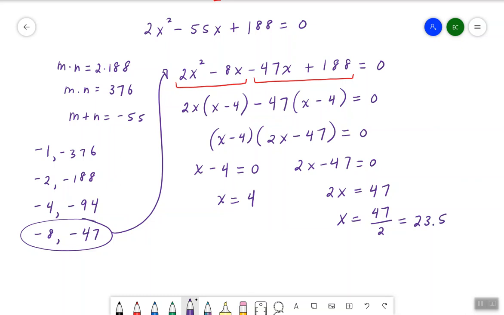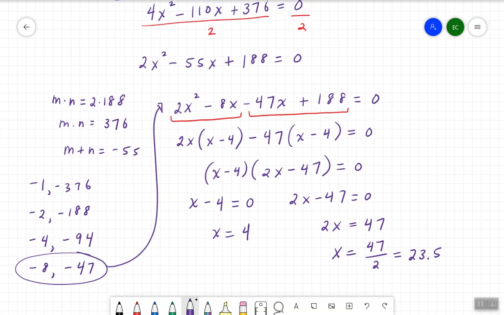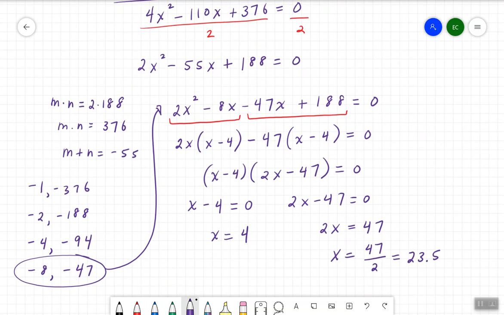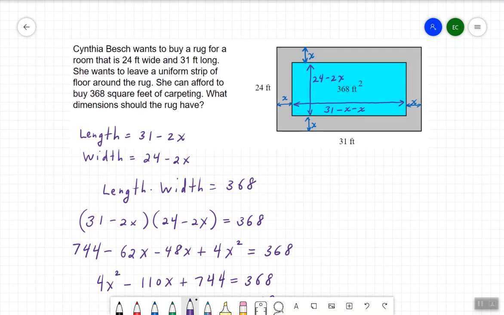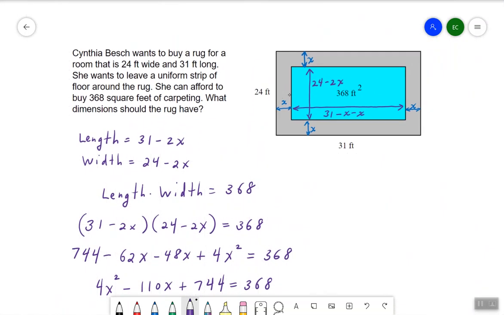Now, remember this value of x represents the width of the exposed floor around the carpet. And so 4 feet sounds good.